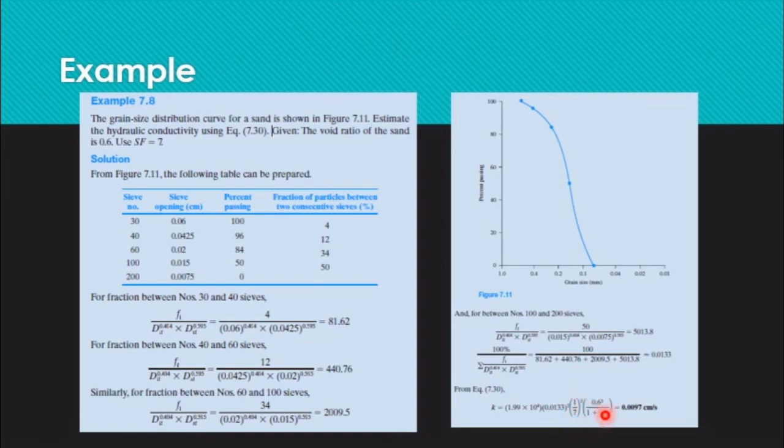And then, 1.99 times 10 to the 4, saan galing to? I think constant ito sa formula. Okay, so, yan. Ang nakuhang hydraulic conductivity is 0.0097 cm per second.